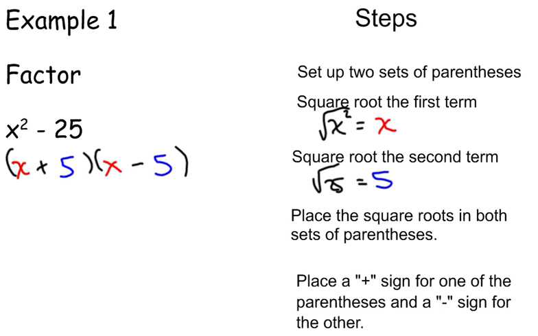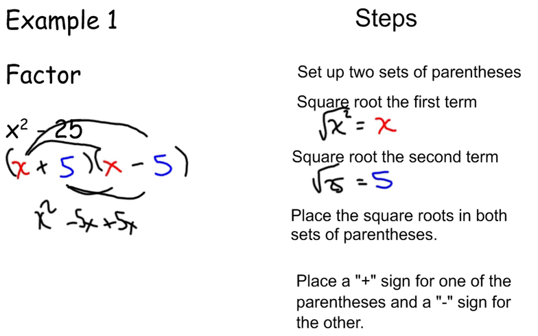And if you want to check this, you can check by FOILing. If you FOIL this out, remember FOIL: first, outer, inner, last. So x times x is x squared, x times negative 5 is negative 5x, 5 times x is positive 5x, and then 5 times negative 5 is negative 25.